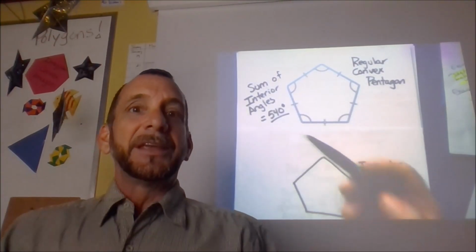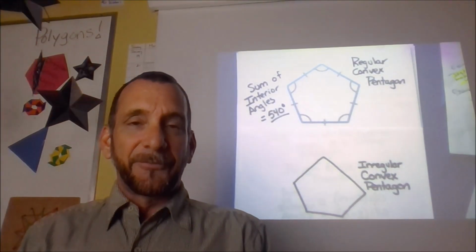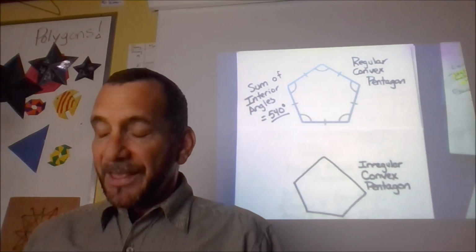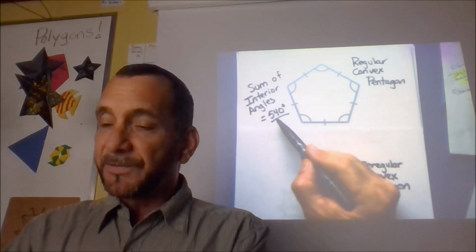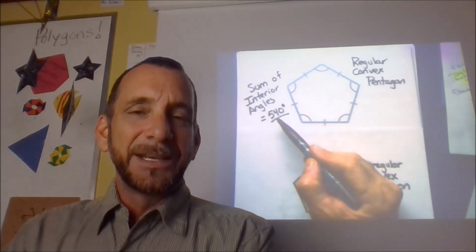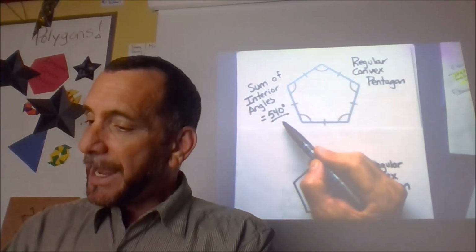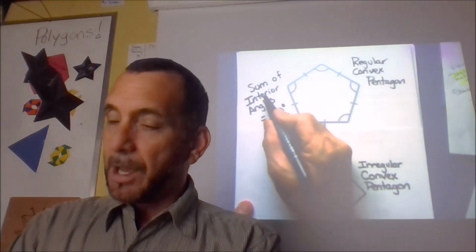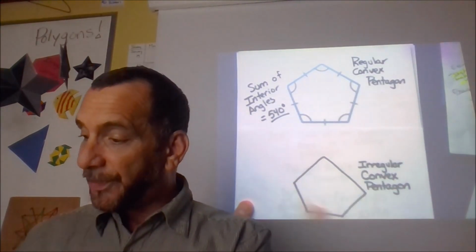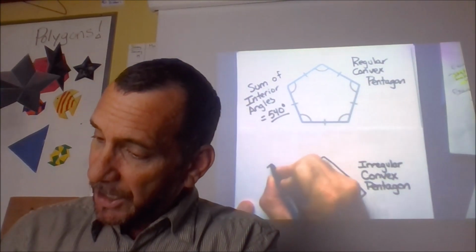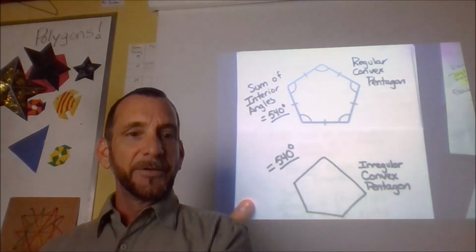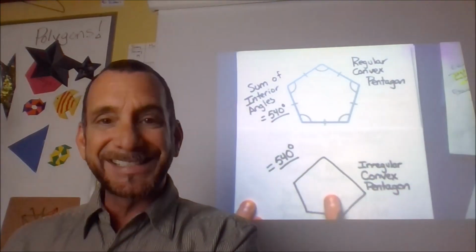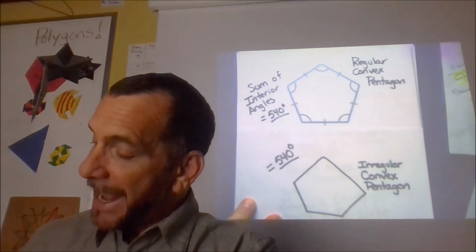Well, the angle sum theorem for polygons states that as long as it's a convex polygon, this formula works. That's the n minus 2 times 180. And we can say that the sum of the interior angles for this polygon as well equals 540 degrees. The sum of the interior angles is the same for both.